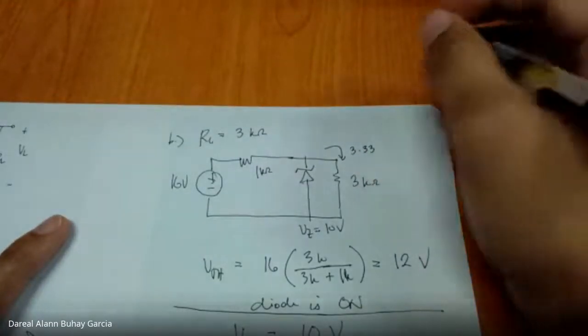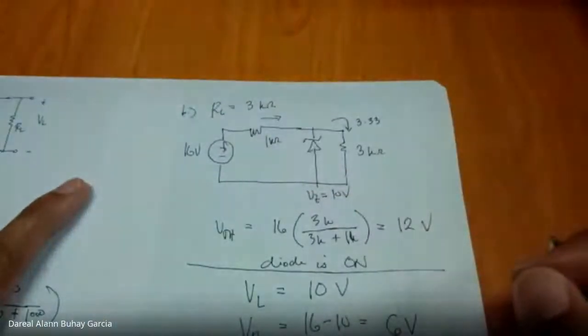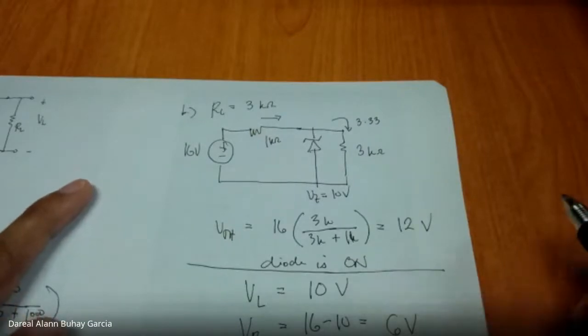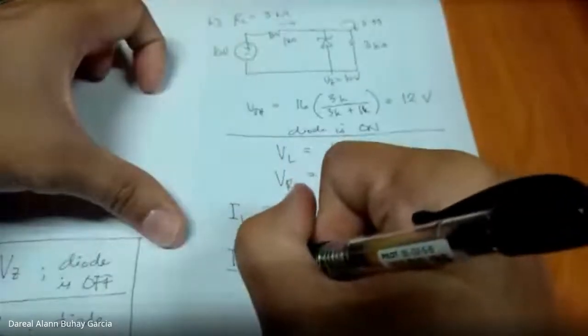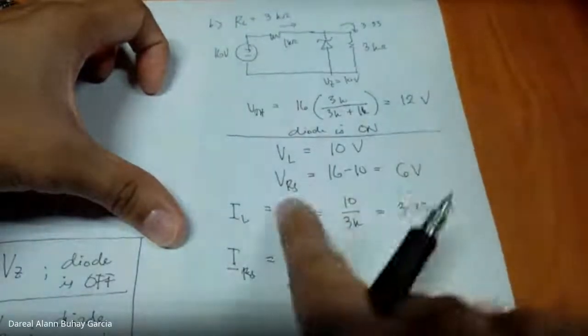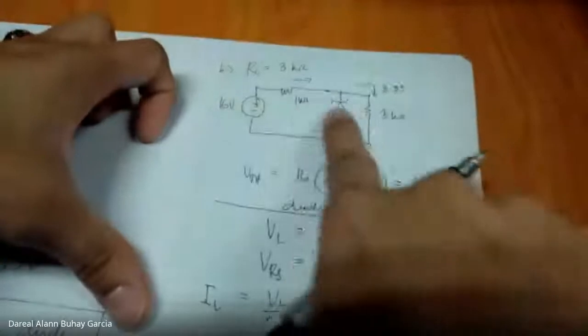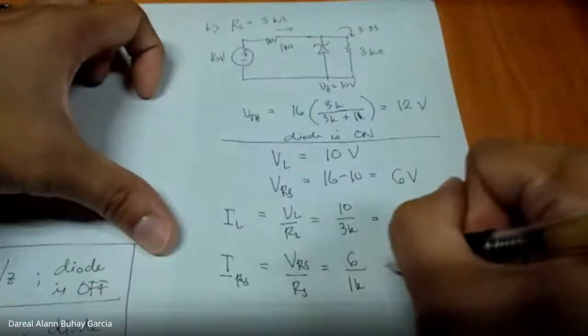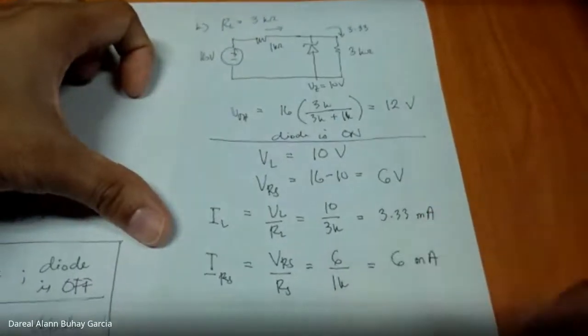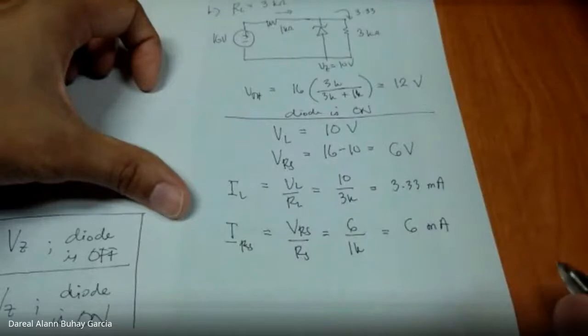Okay. So how much is IS? Or the current dely, IRS? Solve. So IRS equal to VRS over RS, 6 volts over 1K, 6 milliamperes. Okay?